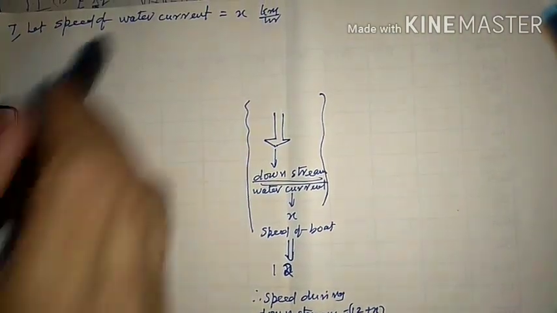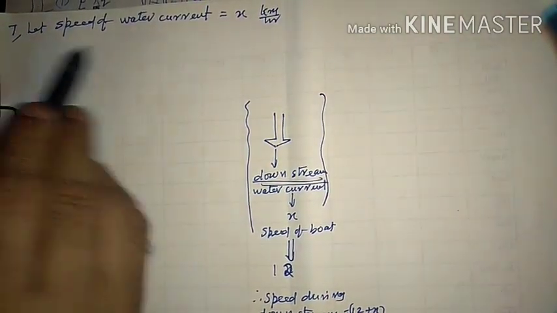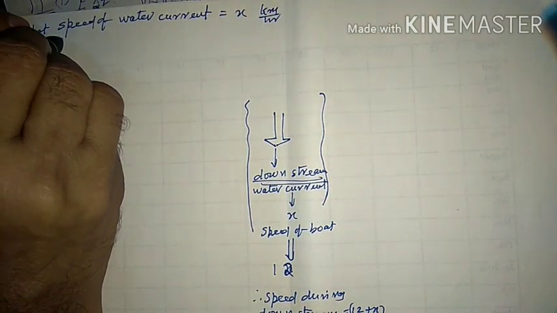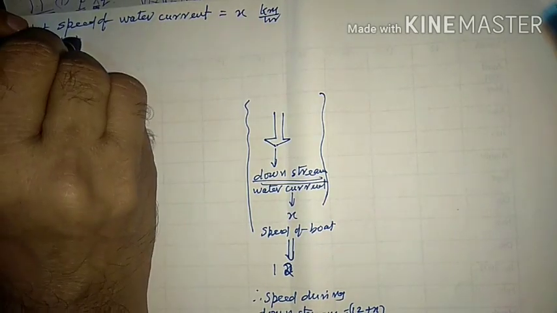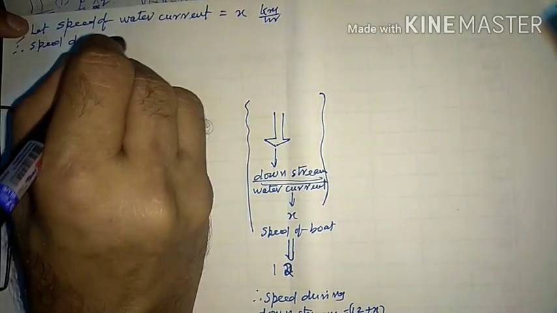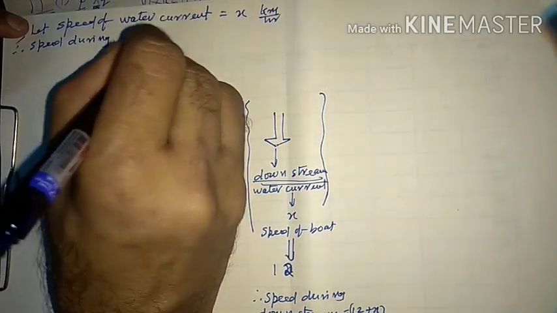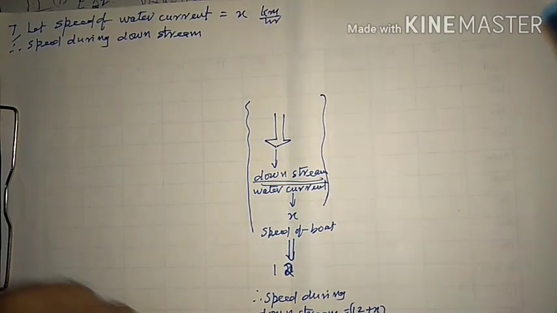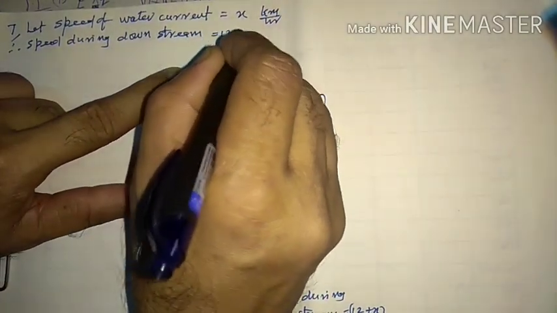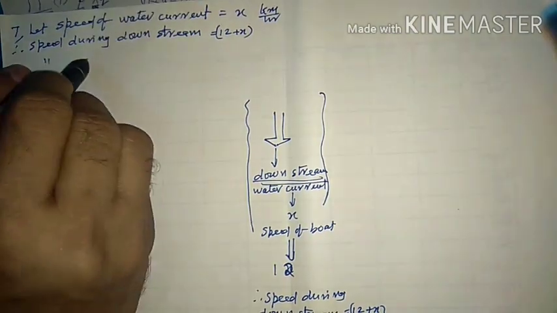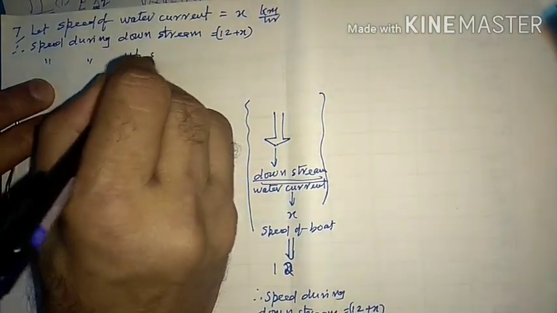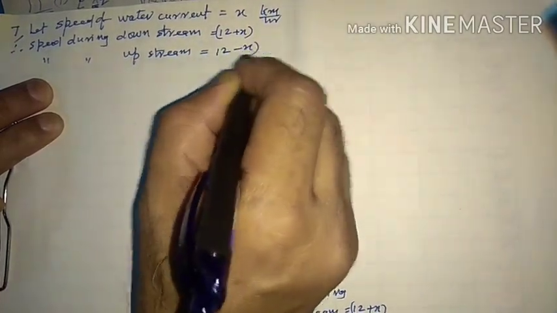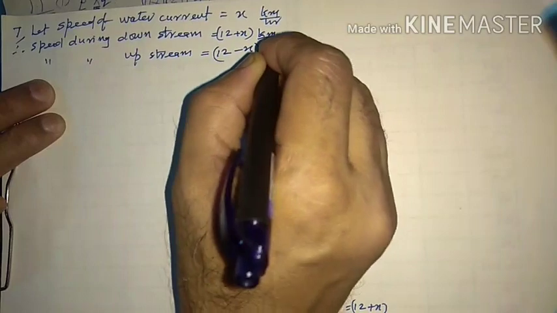Now we continue with the problem. Speed of water current is x kilometers per hour. Therefore, speed of boat during downstream is 12 plus x, and speed during upstream is 12 minus x kilometers per hour.